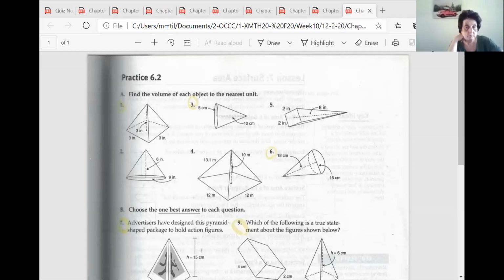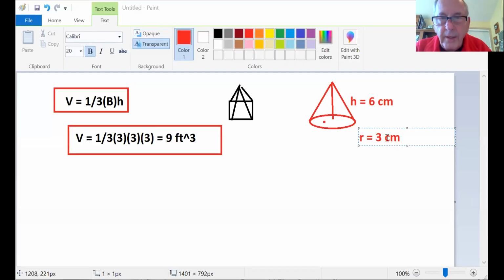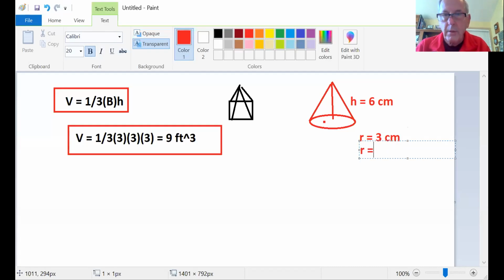Okay. So it's 4.5 is the radius, right? Yeah, because it's half of 9, so the radius is 4.5. Right?